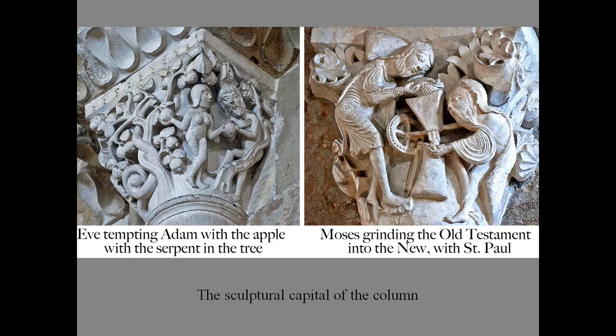Such a symbolical depiction underlines this transition, this combination of the ideas and the story described in the Old Testament period and the New Testament period. And all these images are just capitals of columns. So the surface is not that big, but the images are very informative.